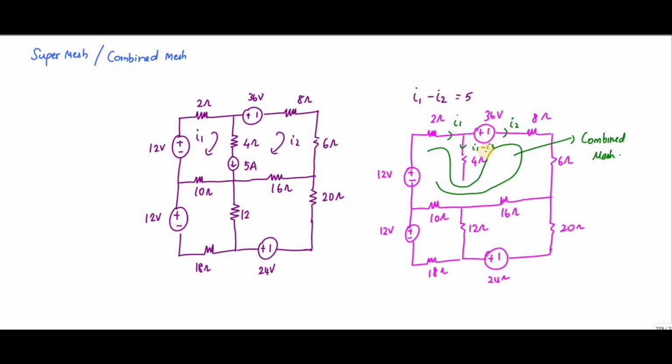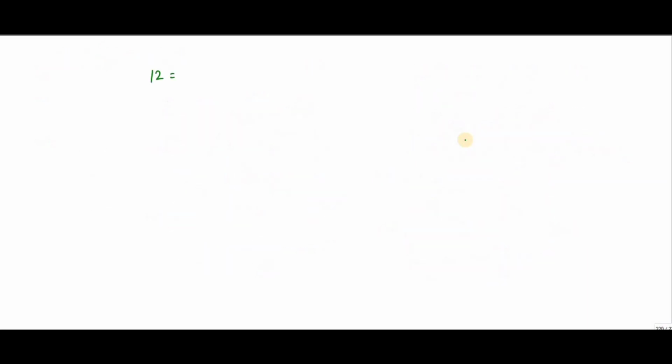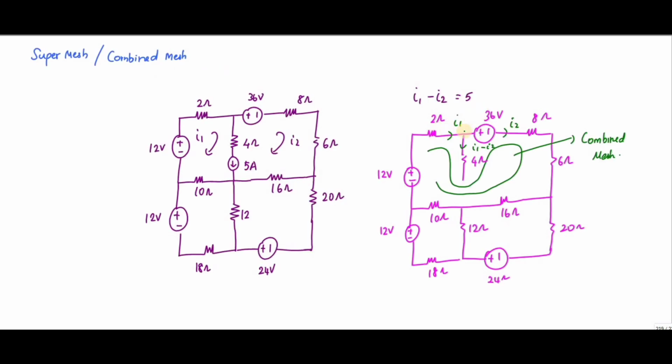Based on this combined mesh, I can write 12 is equal to 2I1 plus 12I1 plus 36 plus 8I2 plus 6I2.